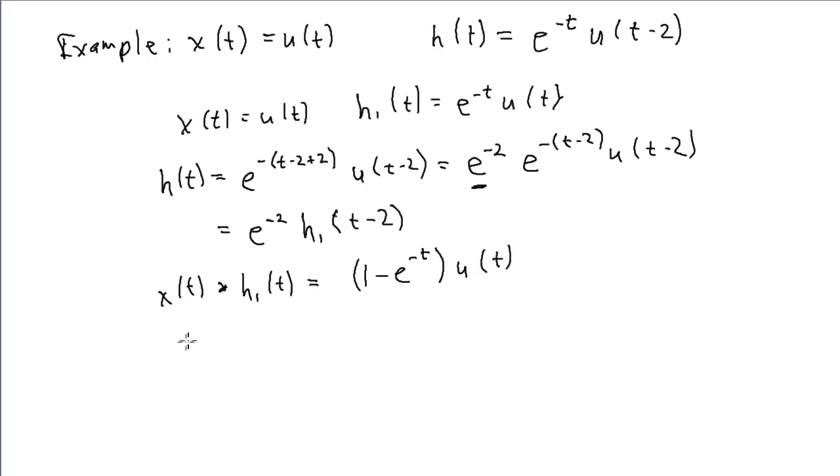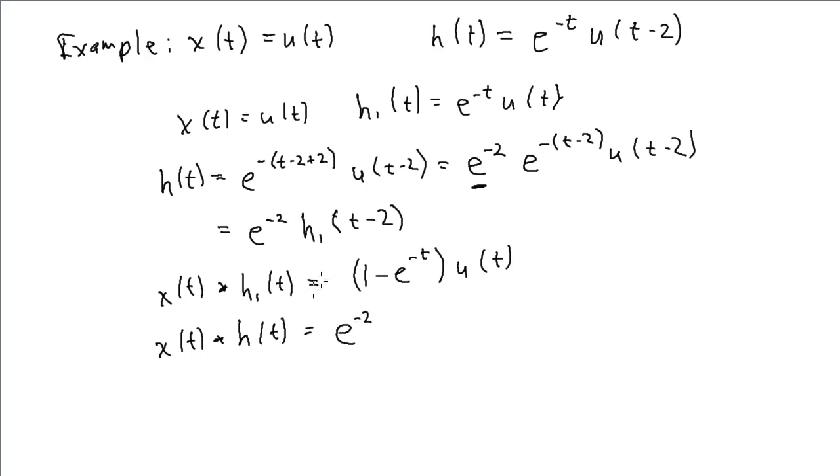And so I know two things going on here when I look at the relationship between h of t and h1 of t. There's this multiplication by a scalar, but convolution is a linear process, so that's just going to multiply the output by e to the minus 2.